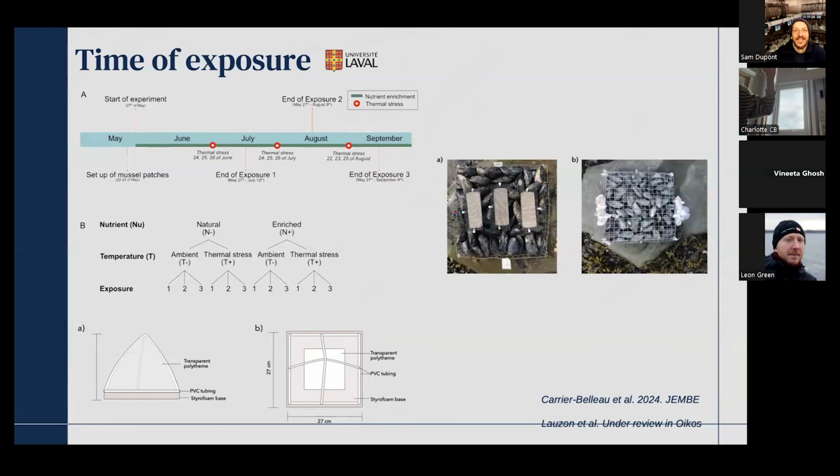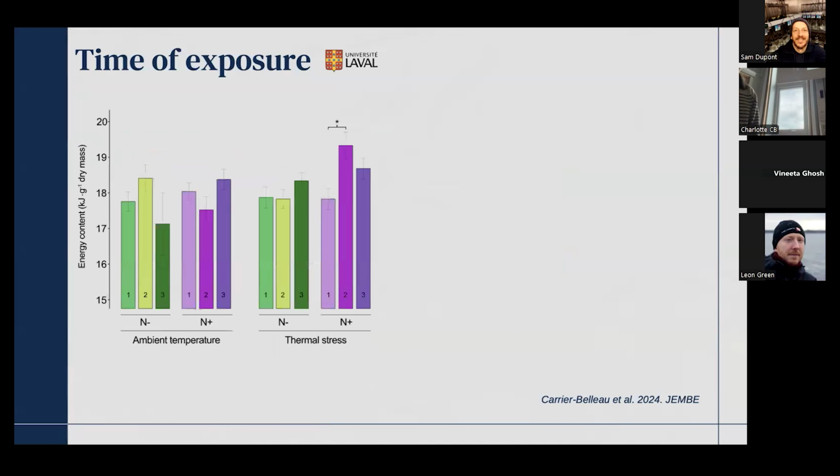And we did different thermal stress during the summer, and we looked at multiple responses at different times of exposure. This is just one of the responses, and what's really fun is that I looked more at the individual level on the blue mussel, but Felix, who I worked with, his paper is currently under review, really looked at community structure, the amount of sediment accumulated in the mussel patches, so really looked more at the community and ecosystem level.